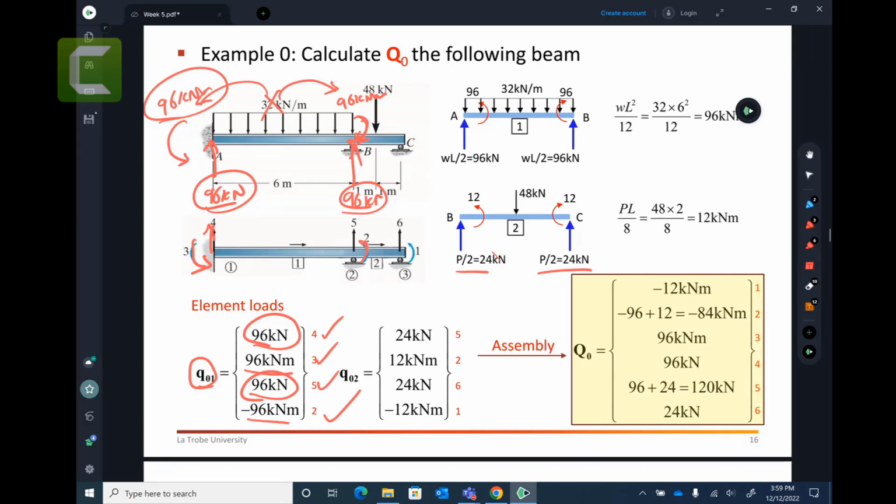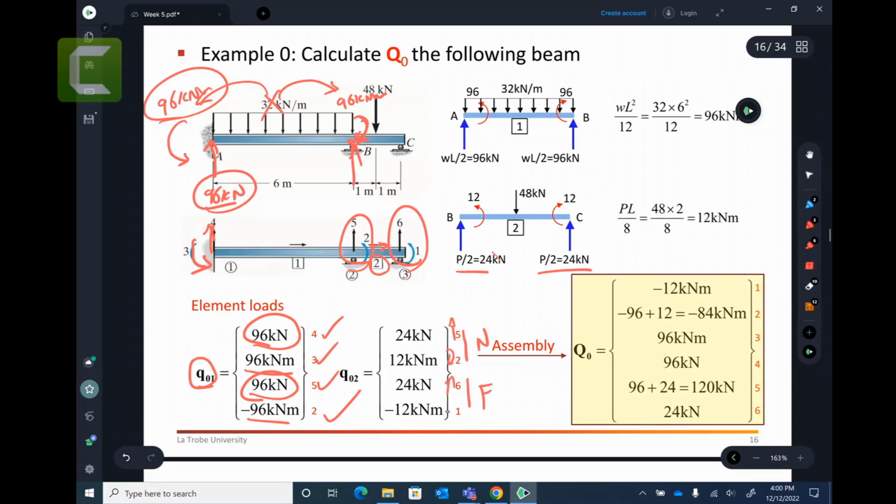Now Q02, we have 24 and we have 12. So how does it work? Again, we take this member. Number 2 and arrow: near node is this, far node is this. Near node, far node, verticals and rotations. So we put 5, 2, 6, 1 in that fashion.